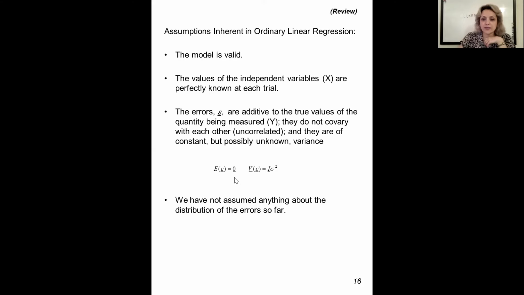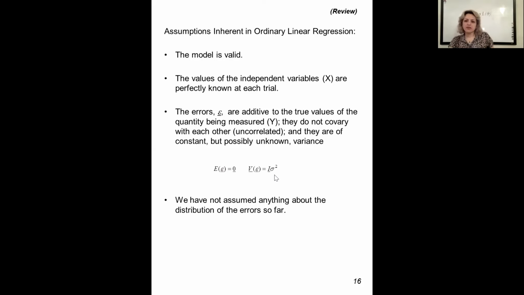So our expectation for the epsilon is 0. We had this one before. The variance of the epsilon is the identity matrix I times sigma 2. This sigma 2 has the variance and covariance in it, because we need to consider covariance from now on.